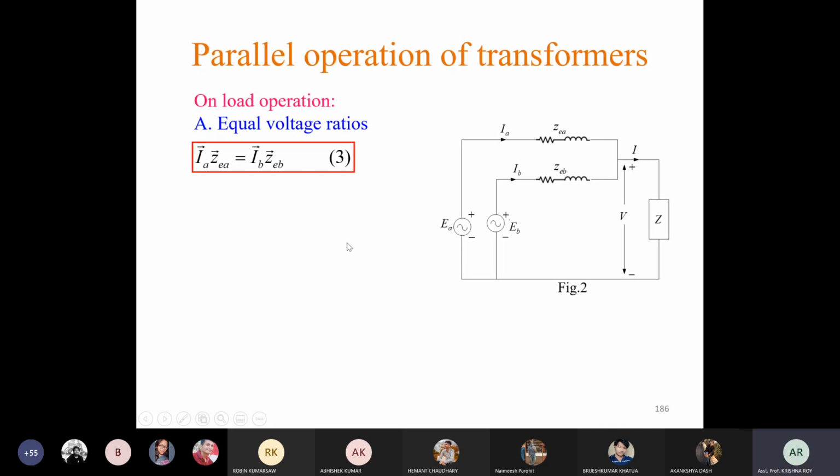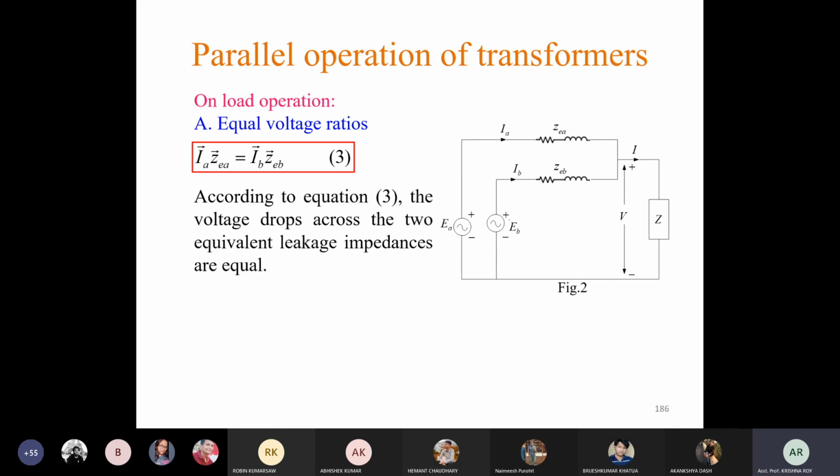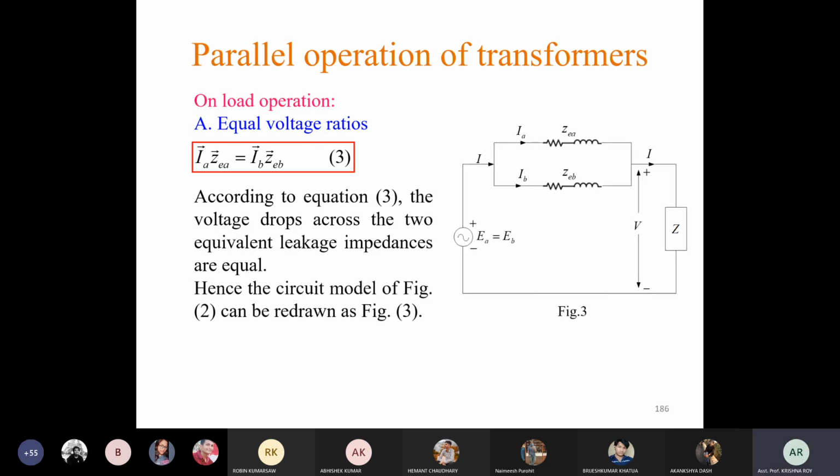And we have arrived at this equation, that is IAZEA is equal to IBZEB, which means the voltage drop across the leakage impedance of two transformers are same.